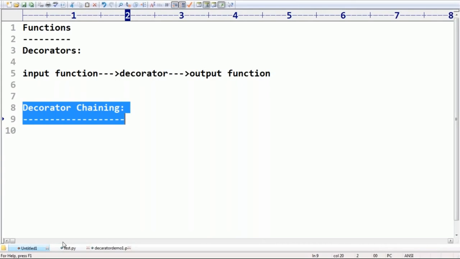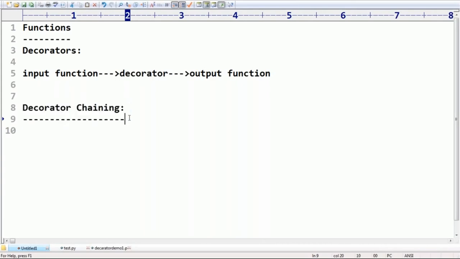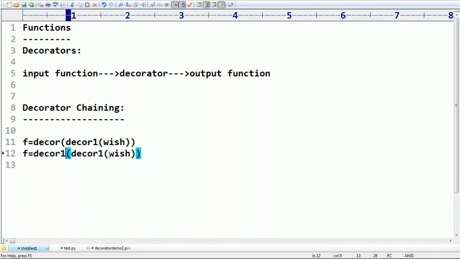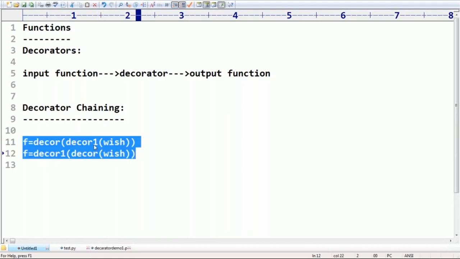Next, can you please analyze it yourselves? Say I take f is equal to decor1 of wish. Is it happening internally as decor1 of decor wish? You have to cross check this type of order also. Function inside a function, a nested function calls concept.